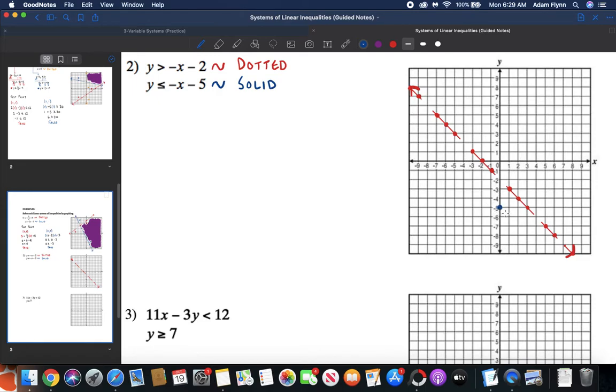And from there, my slope is -1, so I'll go down one and right one, or I can go up one and left one. I can connect these with a solid line and add some arrows.